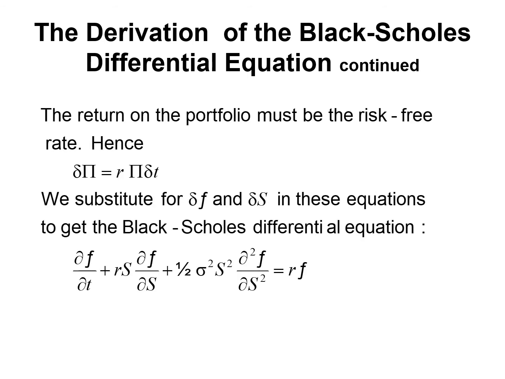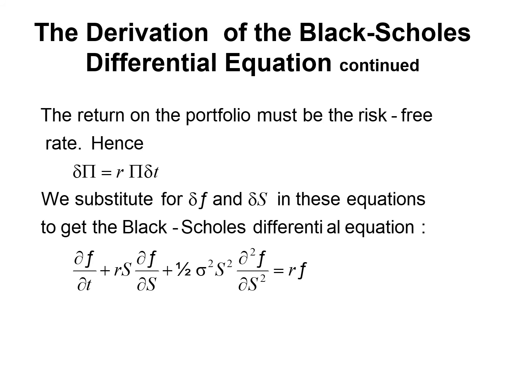The portfolio cancels this dz, because dz is the term of this randomness. But there is no more randomness, so the return must be the risk-free rate. So this means the change of the portfolio is equal to r times the value of the portfolio times dt.